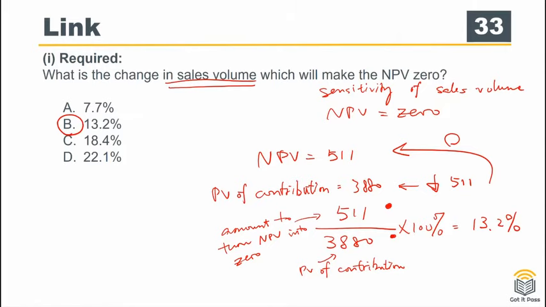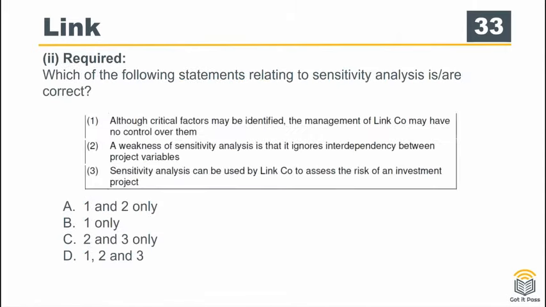Okay, move on. The next requirement is we are given 3 statements about sensitivity analysis. So please check which one is correct and which one is not, or whether all of them are correct. Okay, let us check one by one. For the first statement, it's saying that although critical factors may be identified, the management of Link may have no control over them.